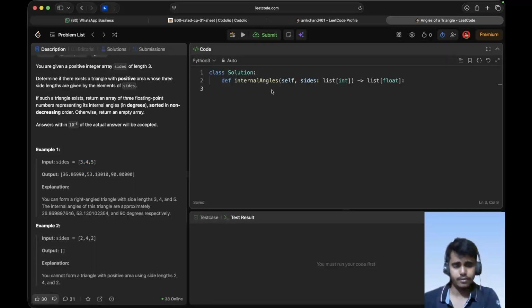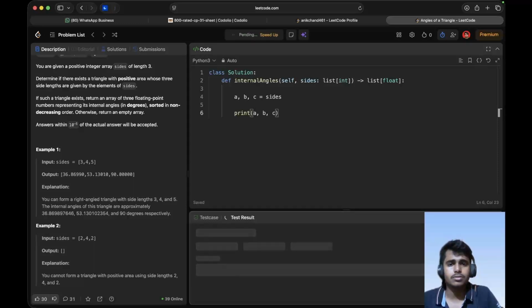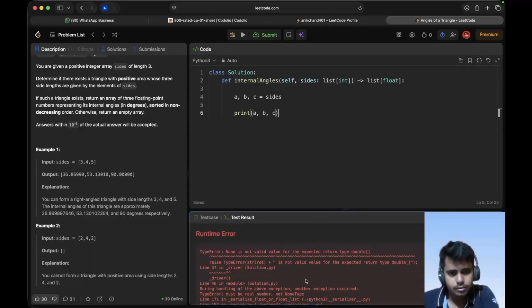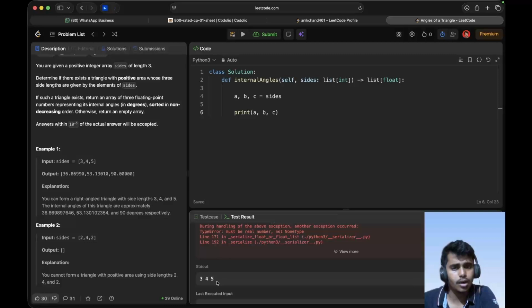So at first just extract the A, B and C from the sides. Just check one time, print A comma B comma C. This will print the sides, obviously. Yes, this is printing the sides 3, 4, 5.